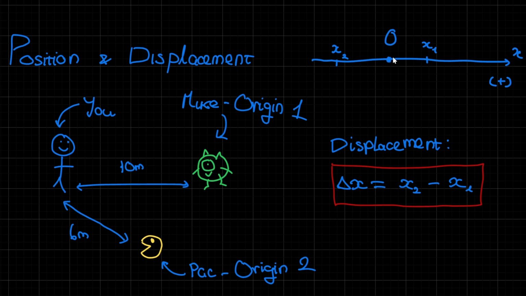So, for example, if I have an x1 on this half of the axis, then this should be positive. And the same goes with x2, which is on the left side of this axis, which makes it negative.